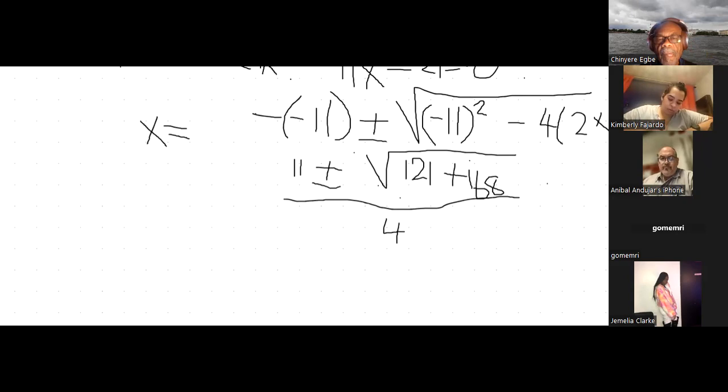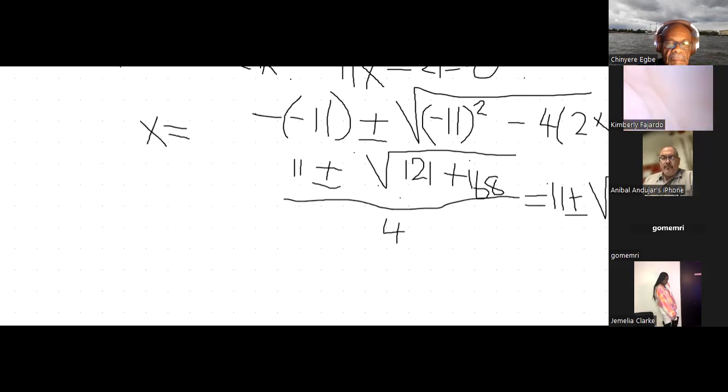Now, what we now have here is 11 plus or minus the square root of 121 plus 168. What is 121 plus 168? 289.